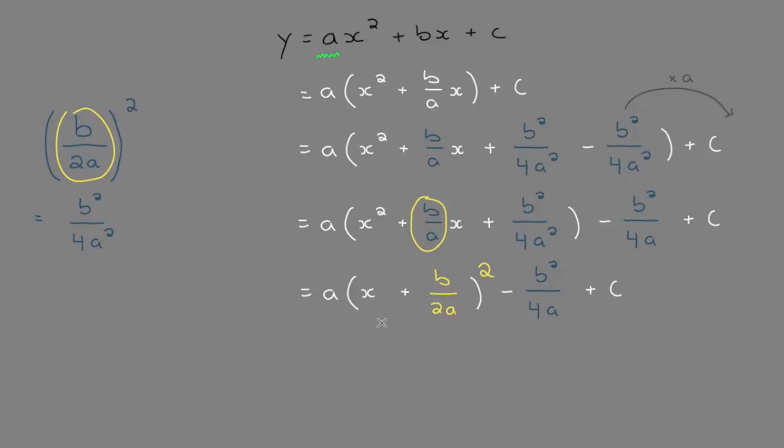So this is actually really interesting because this gives us a general formula for the x and y values of any vertex, this x and y value right here. So the x of any vertex equals negative b over 2a, because remember we have to switch this sign.